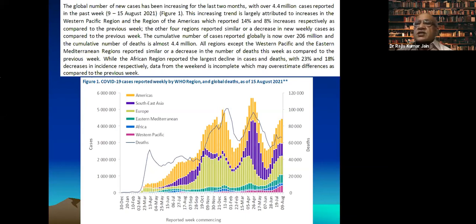Data from the weekend is incomplete, which may overestimate differences as compared to the previous week. So what we are seeing here is a trend, and the trend is towards increase in the last 2 months. Next slide, please.